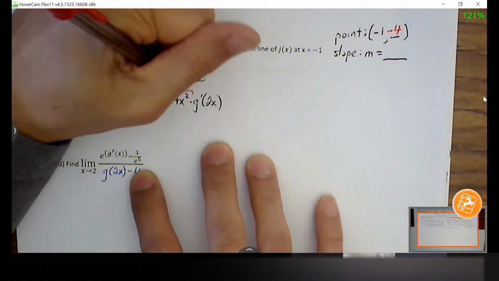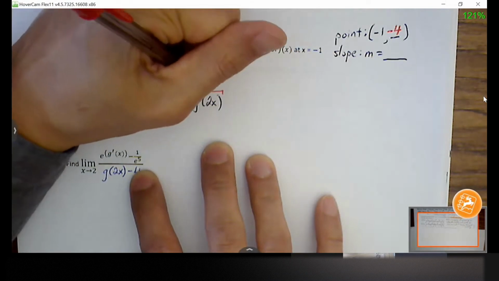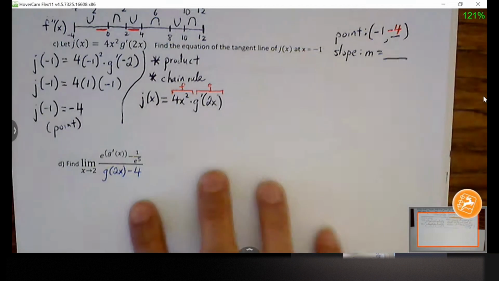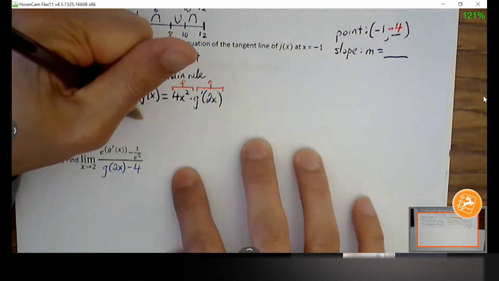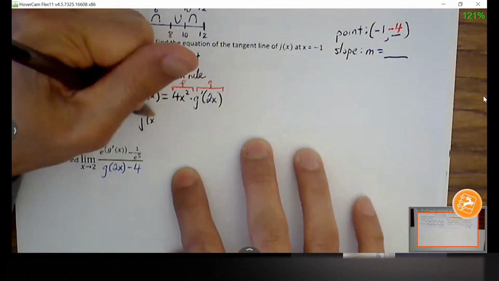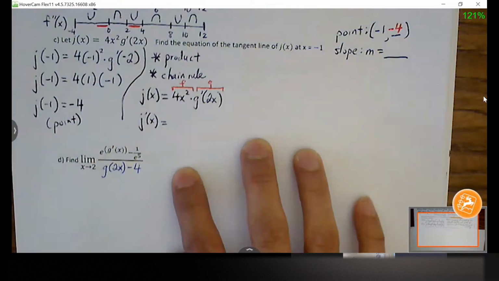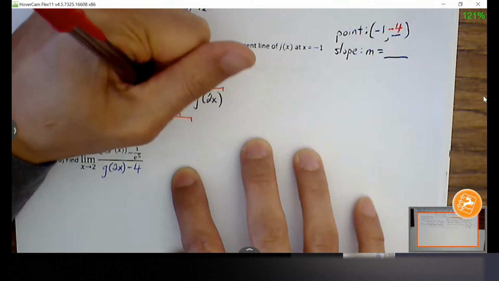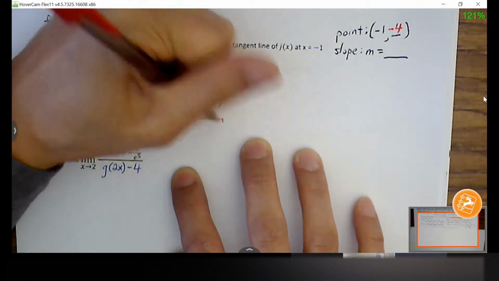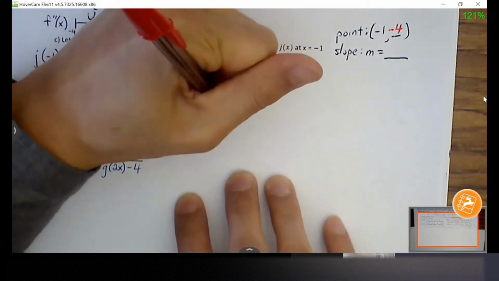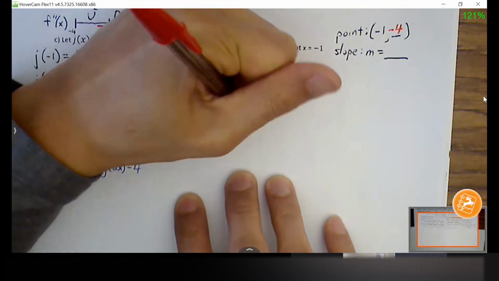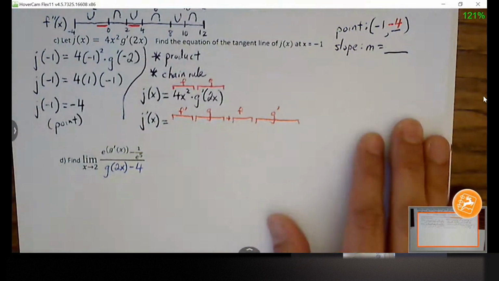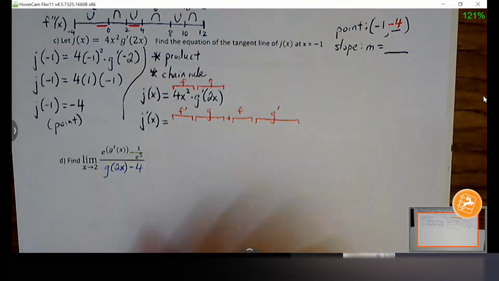Call this the F. I'll call this the G. All right, let's build this derivative here.